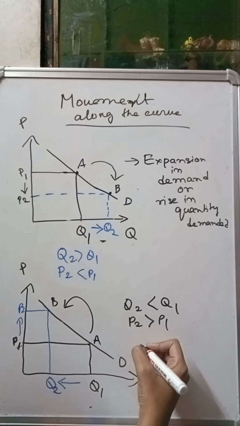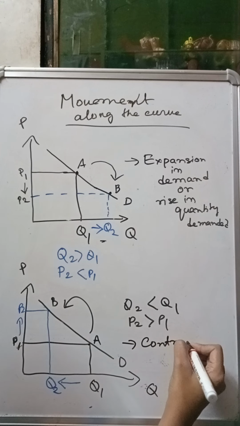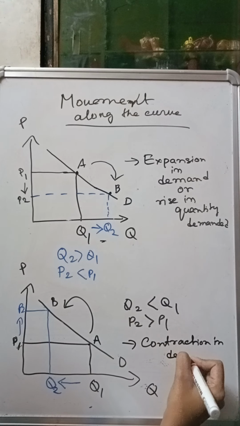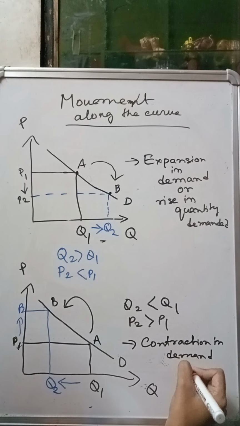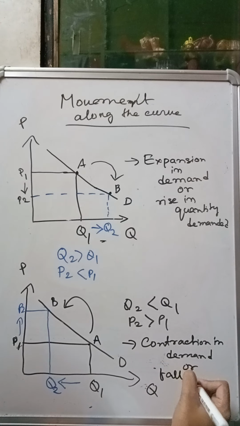Obviously the quantity has decreased, so I will write contraction in demand or fall in quantity demanded.